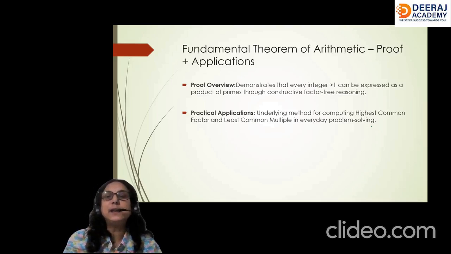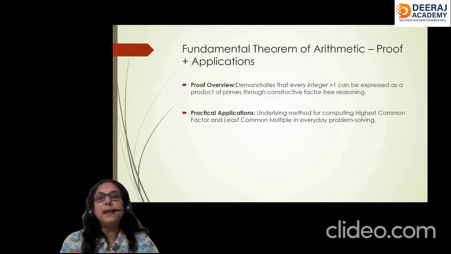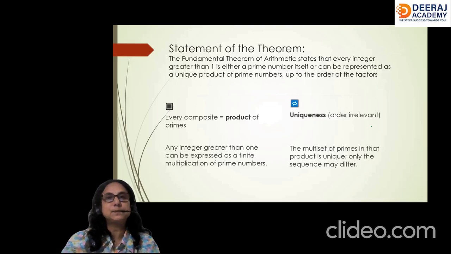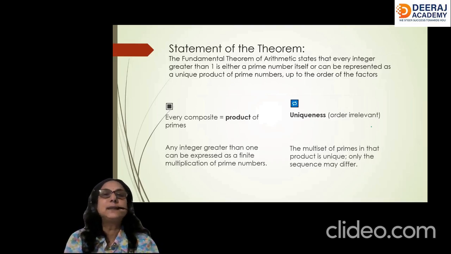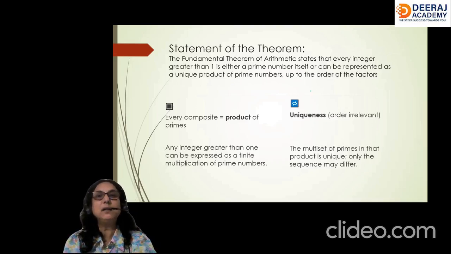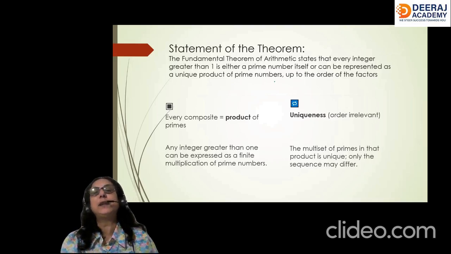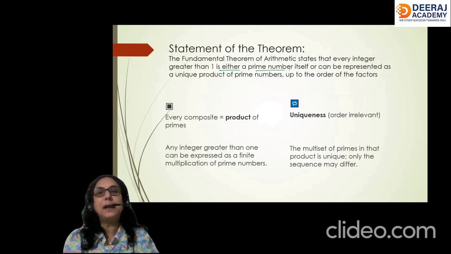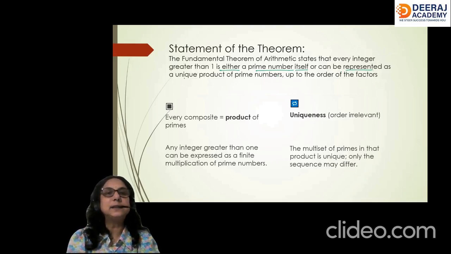And it is widely used in finding the highest common factor and the least common multiple. What does this theorem state? The fundamental theorem of arithmetic states that every integer greater than 1 is either a prime number itself or can be represented as a unique product of prime numbers.